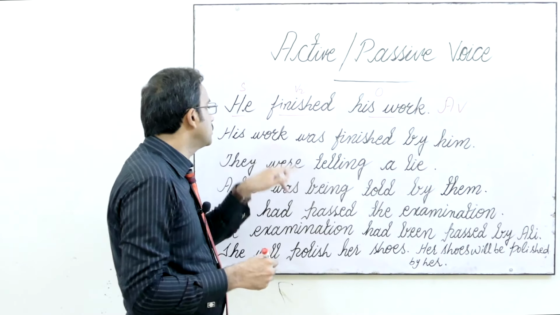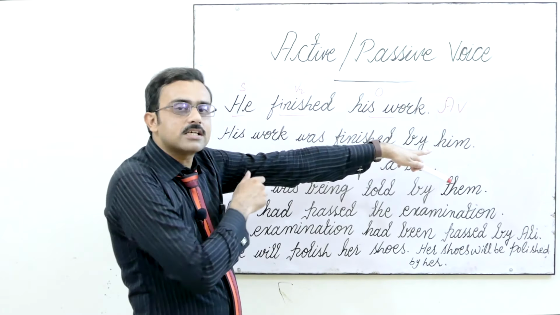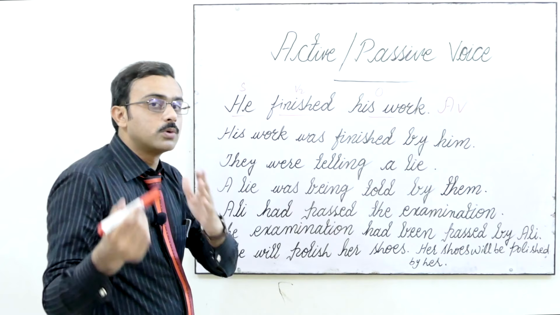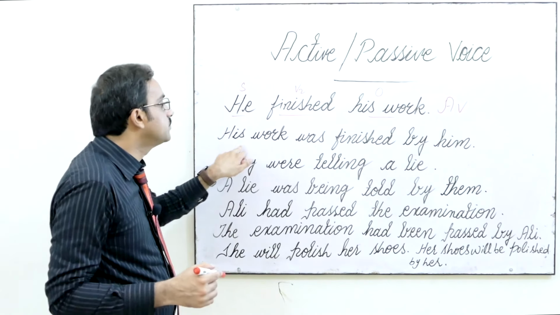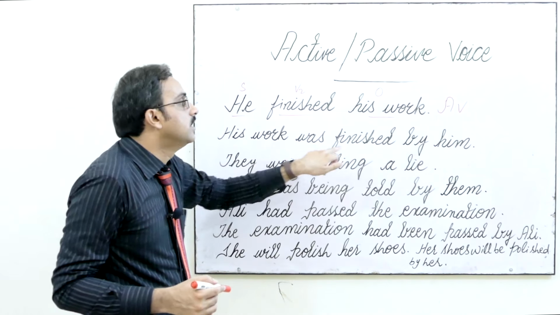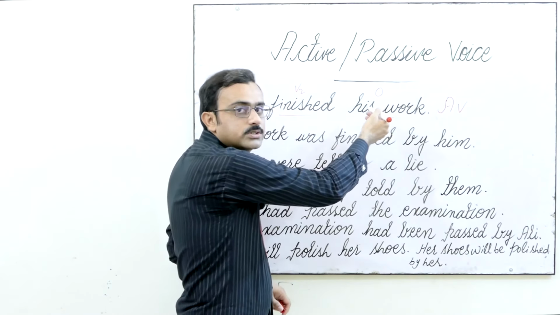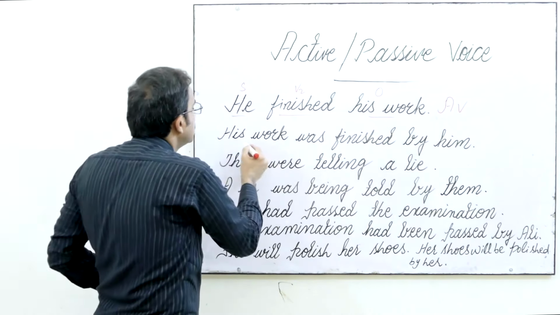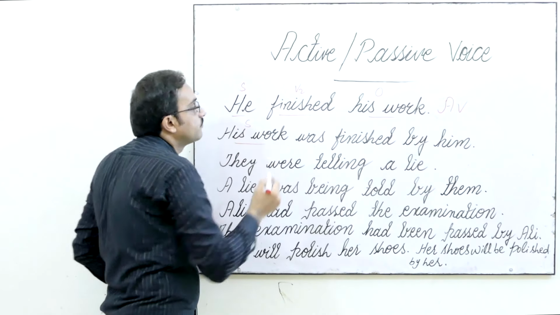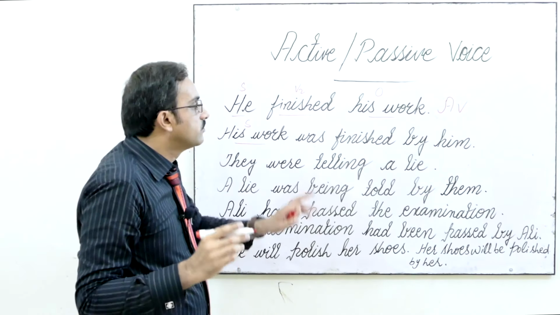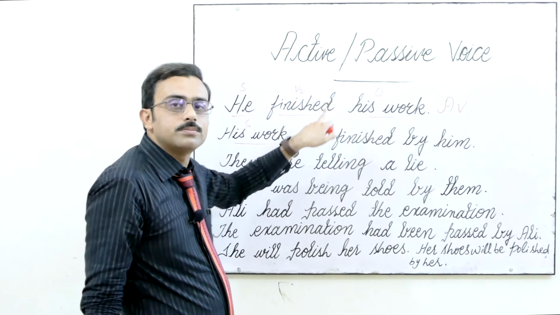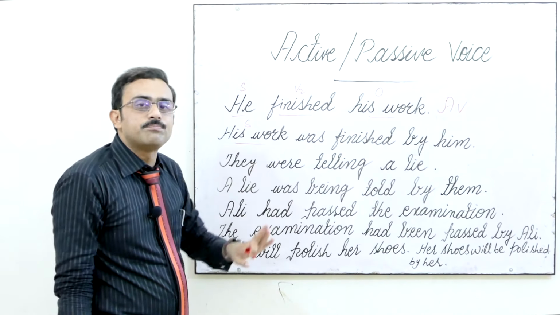Now we are going to change this active into passive voice. Now look at this carefully. His work was finished by him. His work, which was your object, is now your subject. The first change we made: we changed object into subject in the passive.